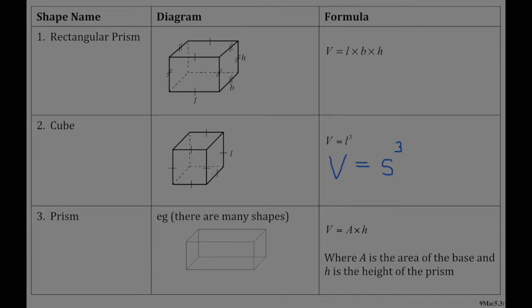If you're dealing with any other type of shape that's a prism, then you just use the area of that slice, or the front slice, which is the same as the back slice, multiplied by the distance between them. And we'll do an example of that in a moment.